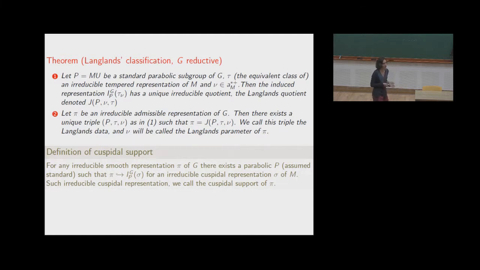So a Weyl chamber is just a cone in this real vector space, and you are choosing a parameter in this cone. And you consider this induced representation, which will be called the standard module. So when you have such a construction, you know there is a unique quotient, which is called the Langlands quotient, J(P, nu, tau). And any irreducible admissible representation of the group should be some Langlands quotient for some data of this sort.